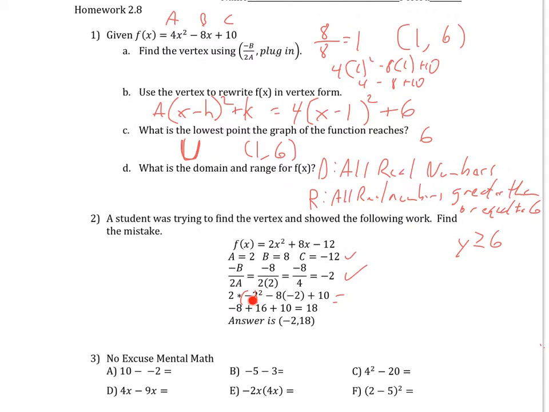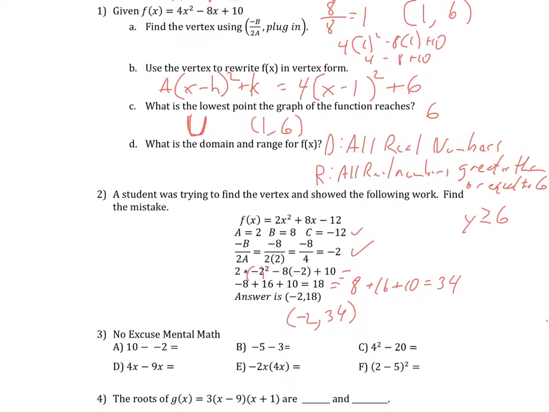Negative 2 squared is negative 2 times negative 2. That's positive 4. 2 times positive 4 is positive 8. So it should really be 8 plus 16 plus 10. And that makes, let's see, 16 plus 8, 26 plus 8 is what, 34? So the answer should be negative 2, 34.